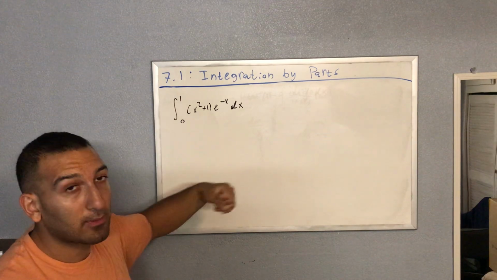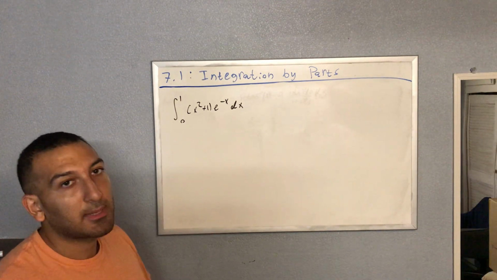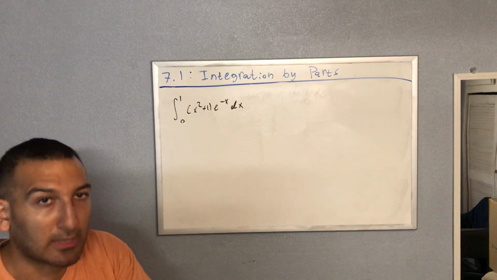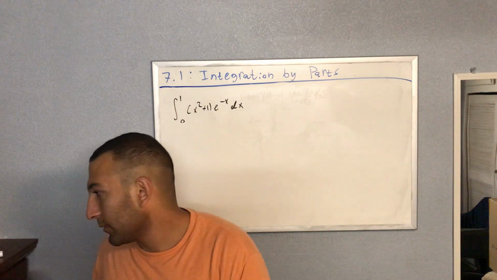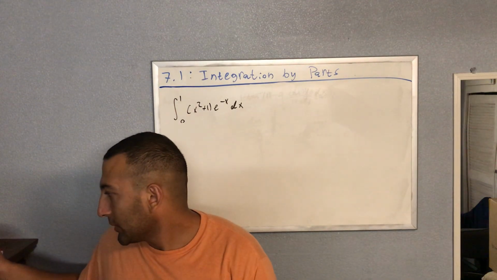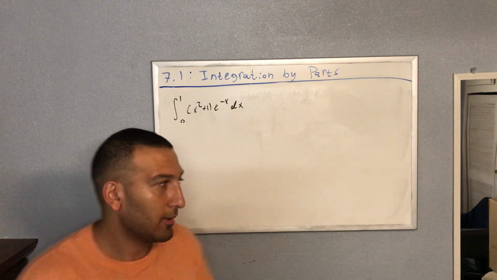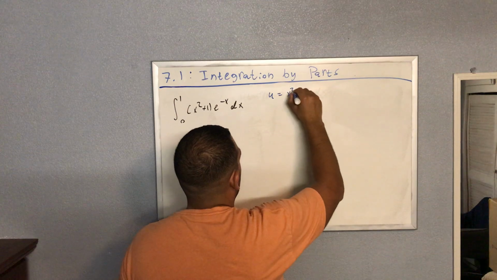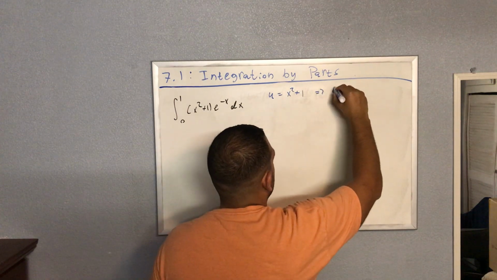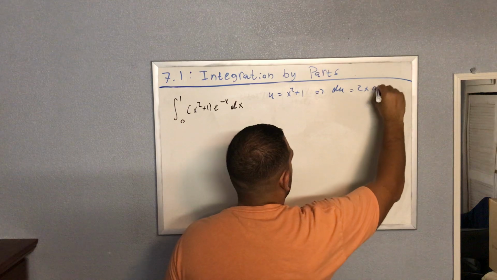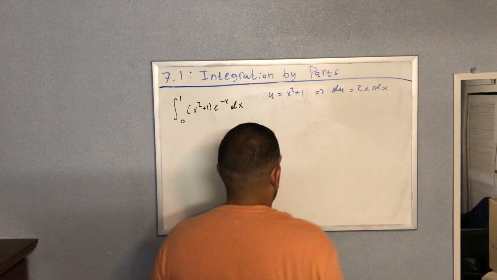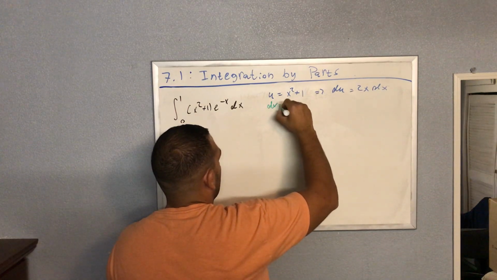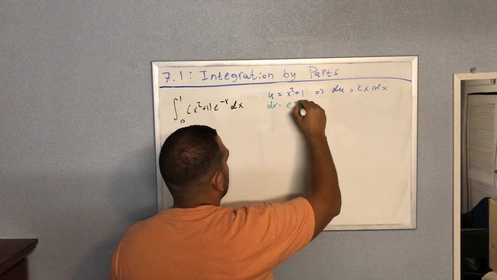Because the more we take its derivative, it basically will end up becoming a constant, which is good. A constant times e to the minus x, we can take its integral. So that's where we want to go with this. We're going to let u be x squared plus 1, and that means that du is 2x dx. And we're going to let dv be just e to the minus x.